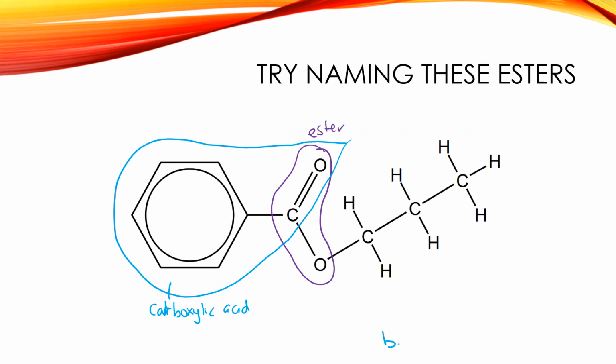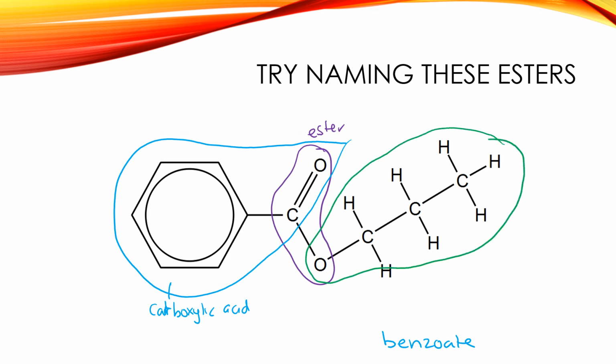So this becomes benzoate because it's a salt of a carboxylic acid. The alcohol group is here, starting from that oxygen, numbering outwards, 1, 2, 3. So that would be propyl benzoate.